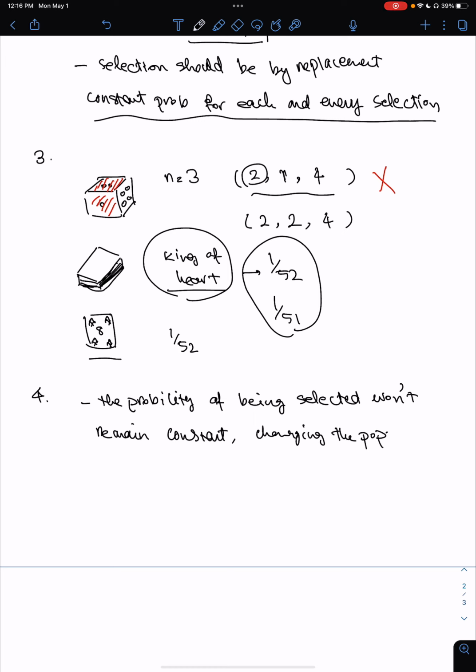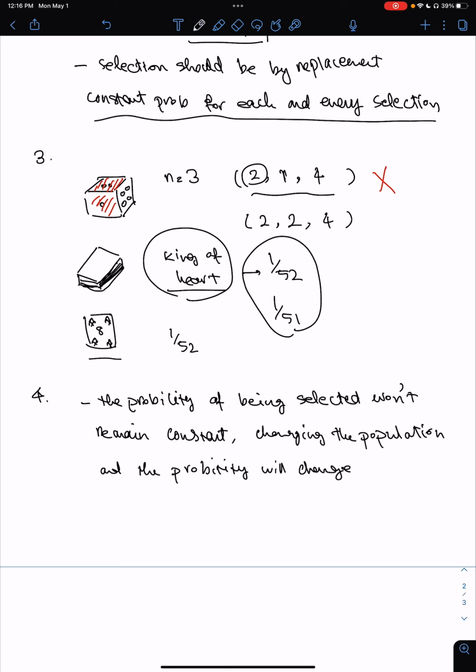If we don't replace the ones we've selected, it changes the population and the probability will change.